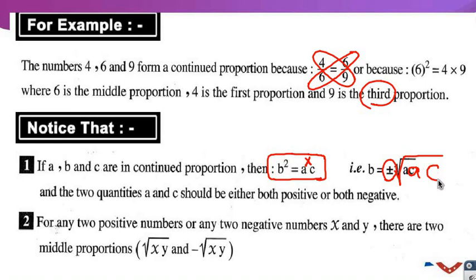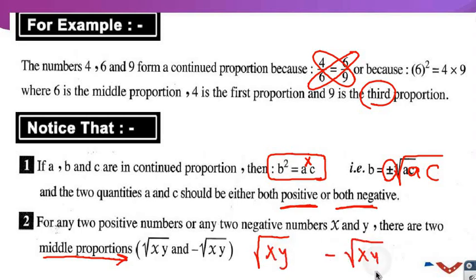And the two quantities A and C should be either both positive or both negative. For any two positive numbers or any two negative numbers, X and Y, there are two middle proportionals: the square root of xy and negative square root of xy. Okay?